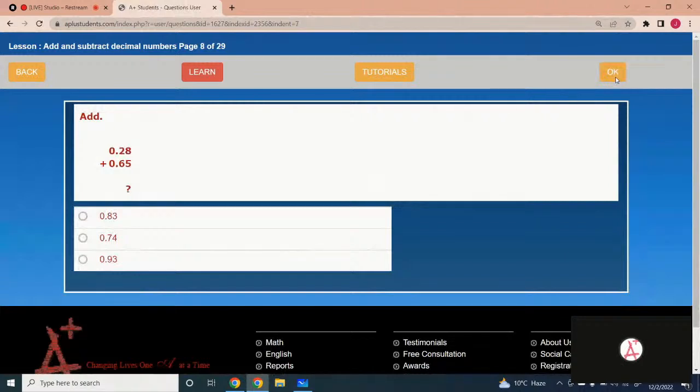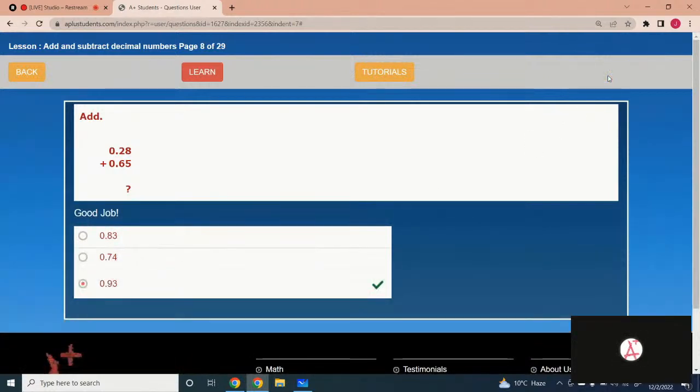It would be 0.93. Just select the correct option and click on the OK button.